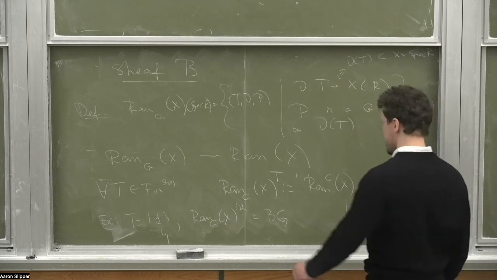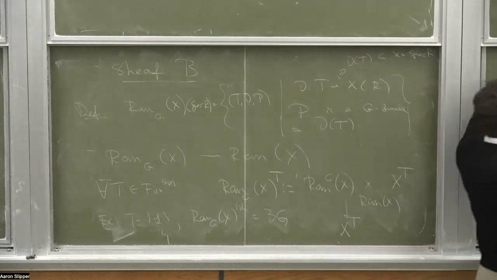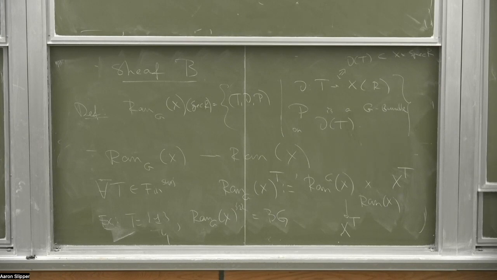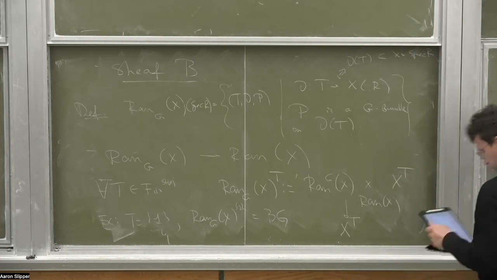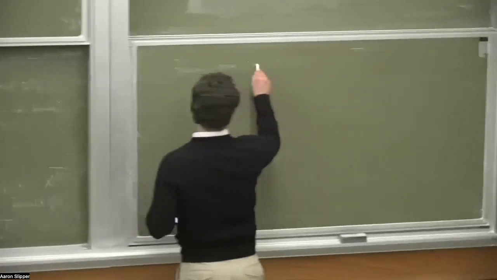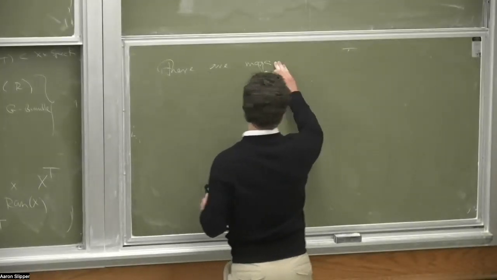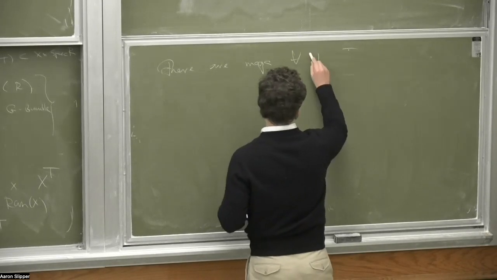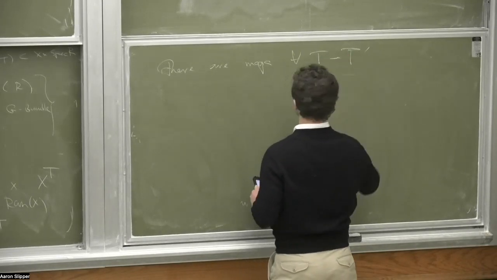Okay, and so there are also maps like this for any T prime.